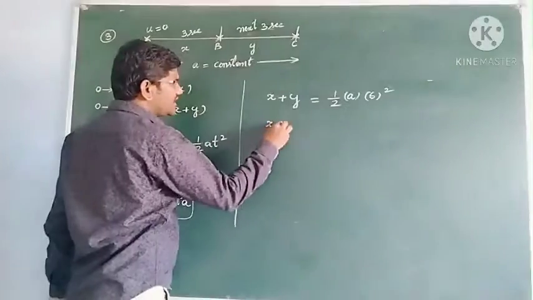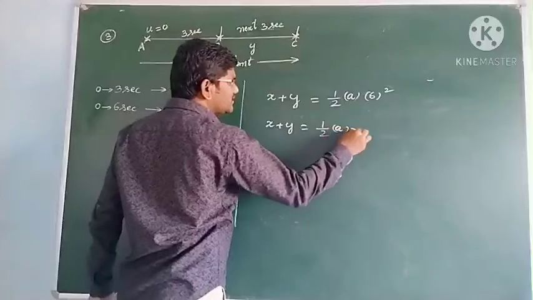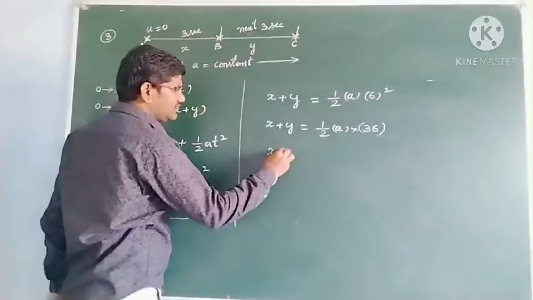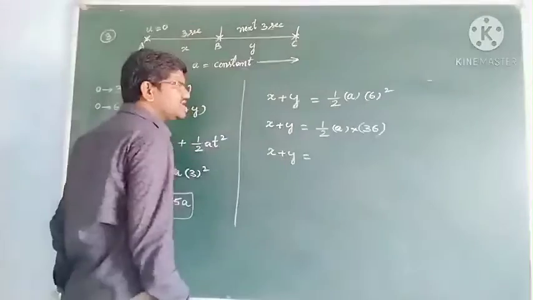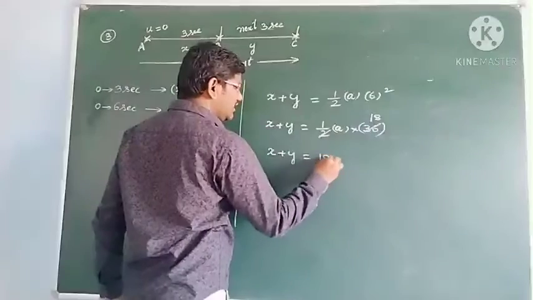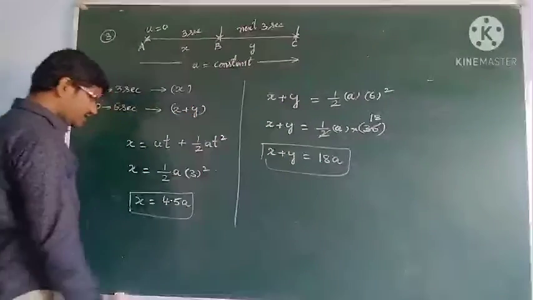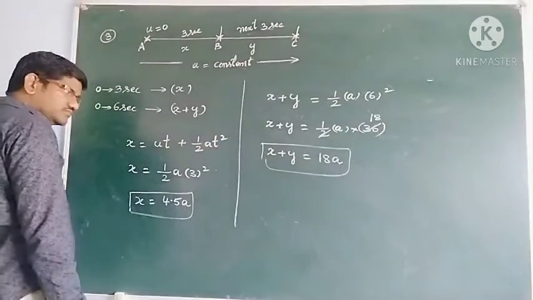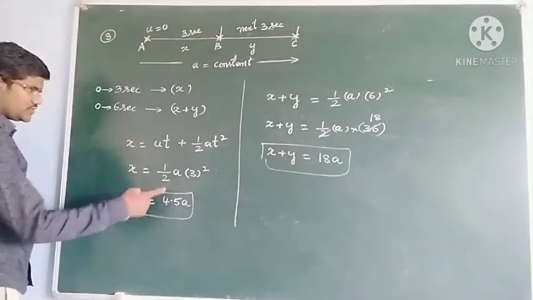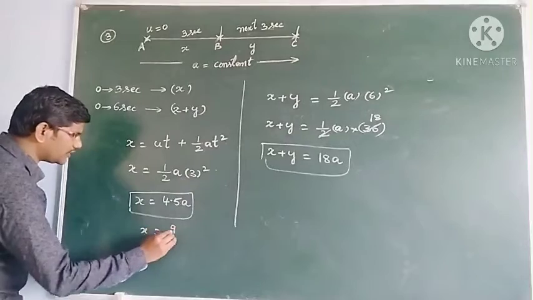You see students, x plus y is equal to half a into 36, so you will get 18 into a. Okay. And from here, x is equal to 9 by 2 into a.